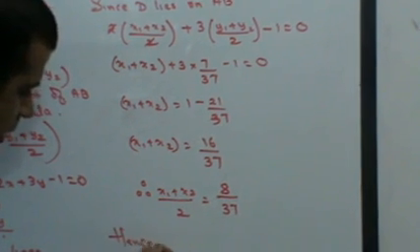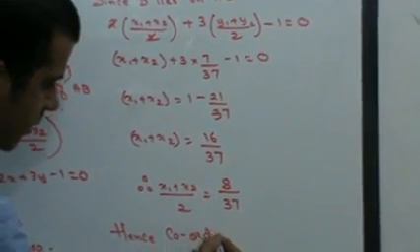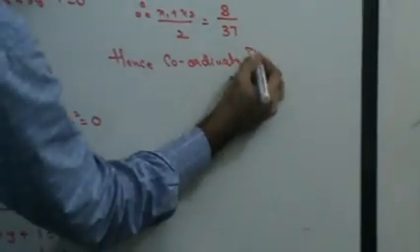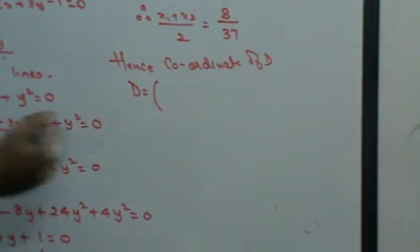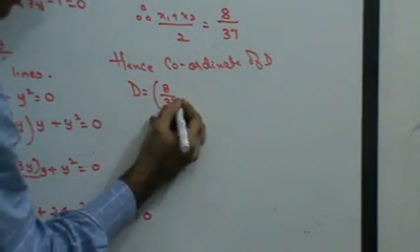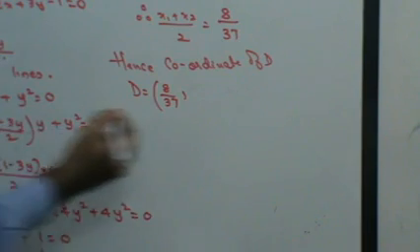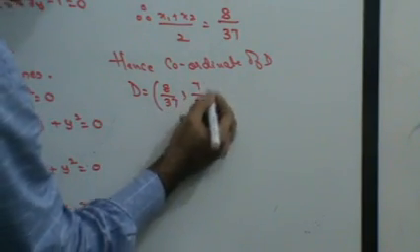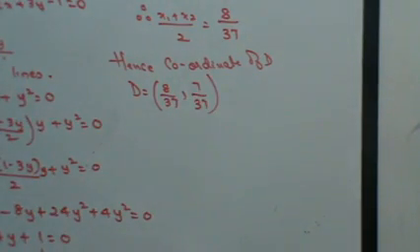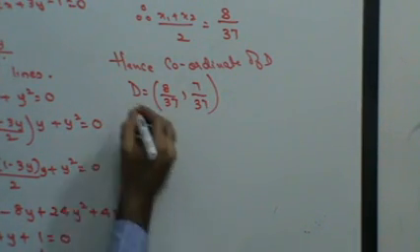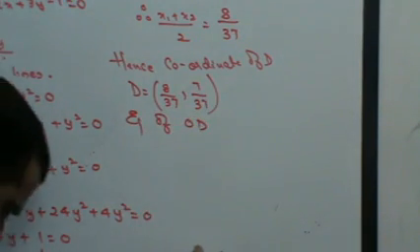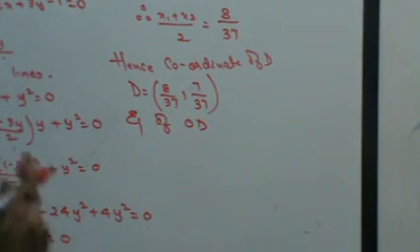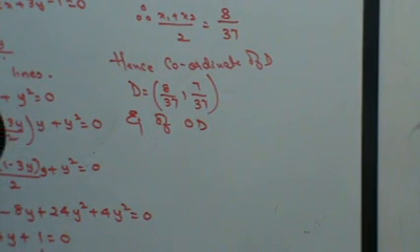Hence, the coordinates of D are (x1 plus x2) upon 2, that's 8 upon 37, and (y1 plus y2) upon 2, that's 7 upon 37. Once I have the coordinates of D, I can find the equation of OD. OD is a line that passes through the origin.